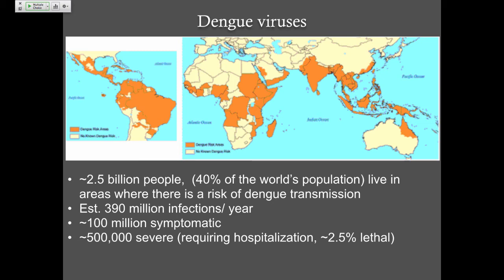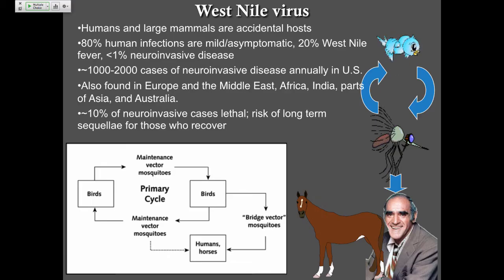I want to briefly cover West Nile. Oh, I got the animation to work here as well. Okay, so West Nile is really a bird disease, again spread via mosquitoes, but there are what are called dead-end hosts, either humans or horses, which get sick but are not really contributing to the distribution of these diseases.